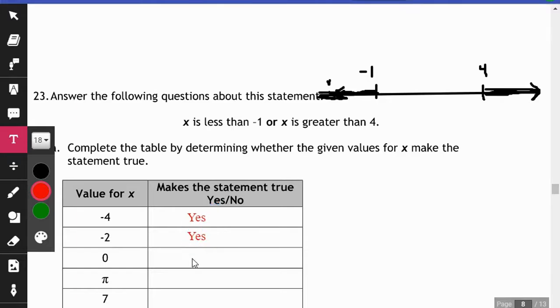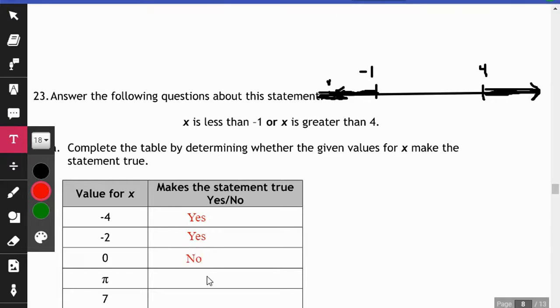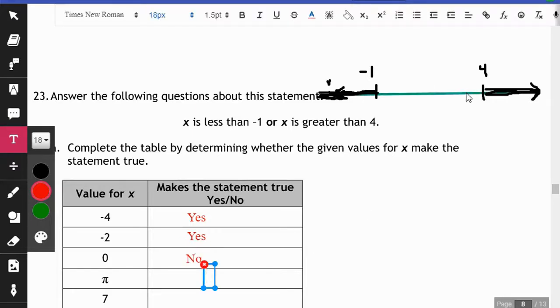How about 0? Notice 0 is not below -1 and it's not above 4. It's somewhere in the no man's land here. That's not what we want. So no, we only want numbers that are less than -1 or greater than 4. How about pi? Pi is still not big enough. No.